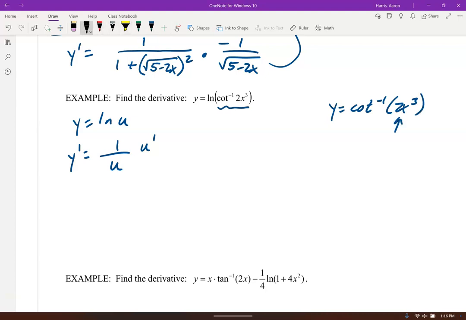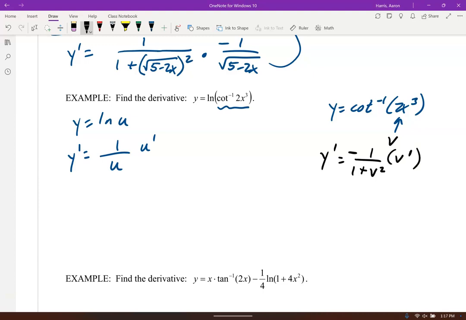Let me let it be v for a minute, right? Then the derivative of that would be, and I'm using the arc cotangent now, which would be 1 over 1 plus v squared. In other words, 1 over 1 plus u squared times, oops, that's a negative, and then times v prime, u prime.